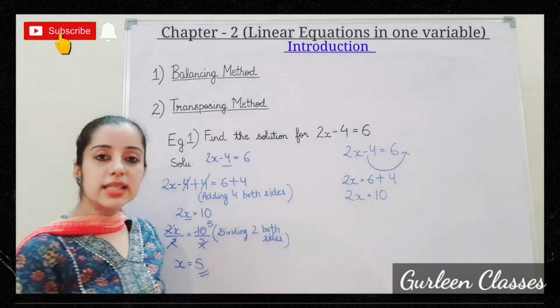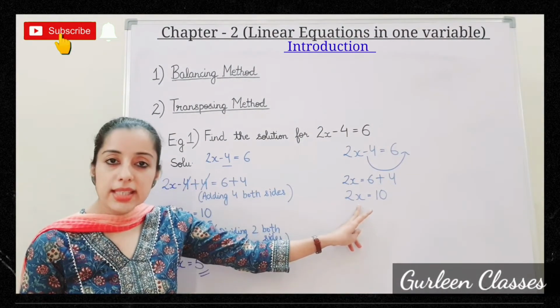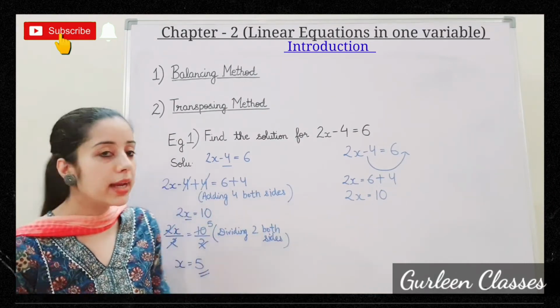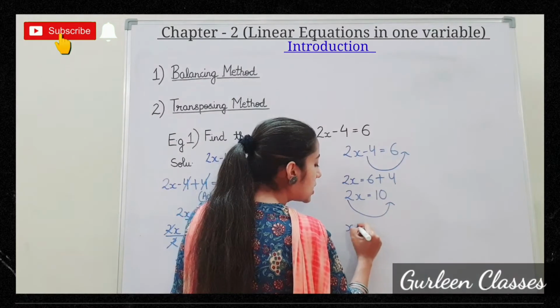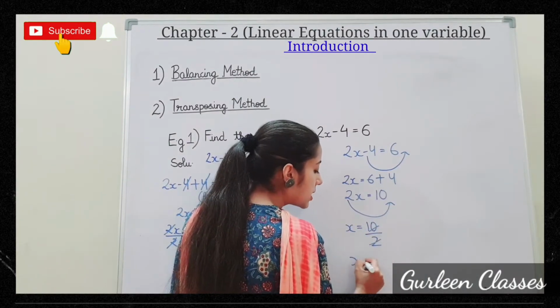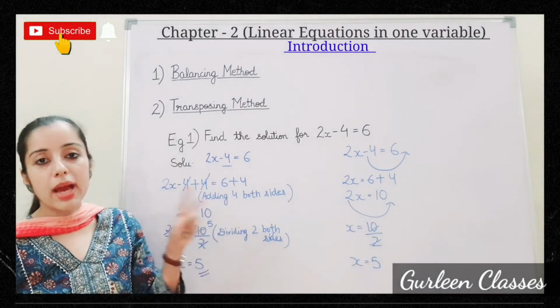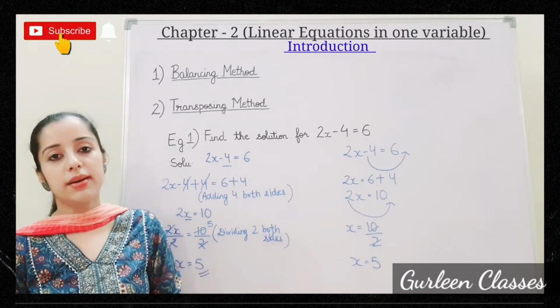So now in this step, you have left hand side multiply 2 into x. If multiply goes to the right side, it will become divide. So x is equal to 10 upon 2. The value of x is coming 5. So we have solved this equation by both the methods, balancing method and transposing method.